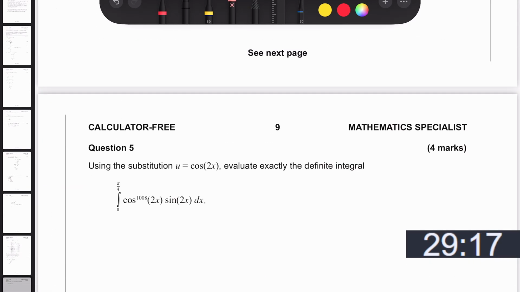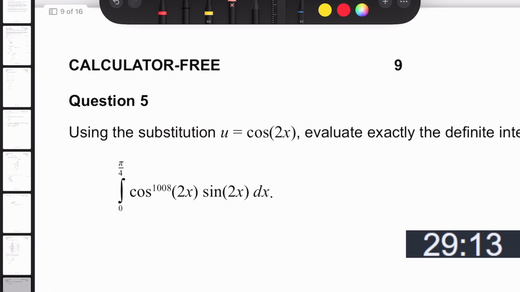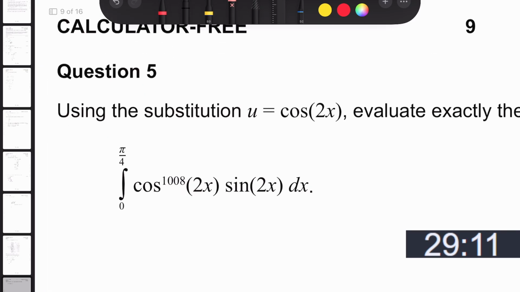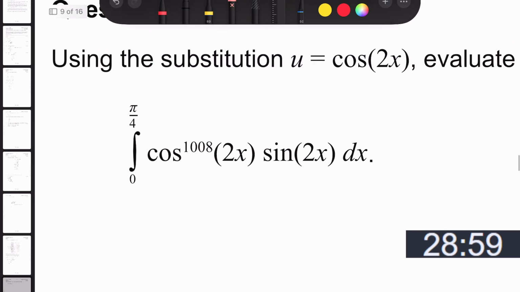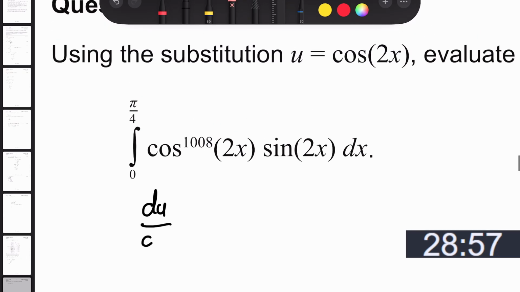Using the substitution, u equals cosine of 2x. Wow. So let's say du dx is going to be negative 2 sine of 2x.